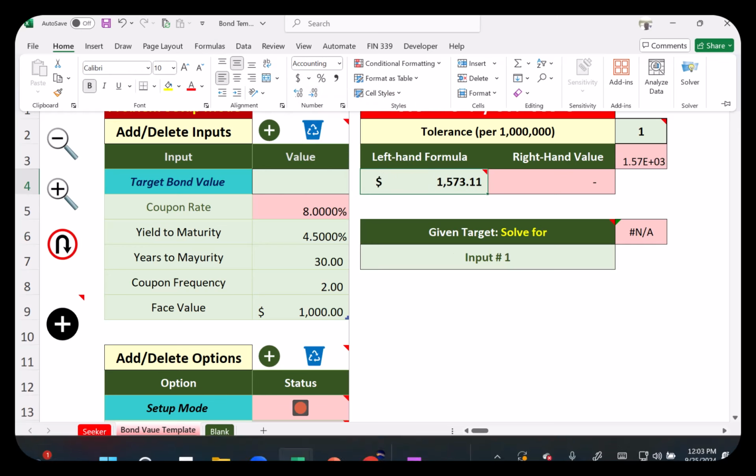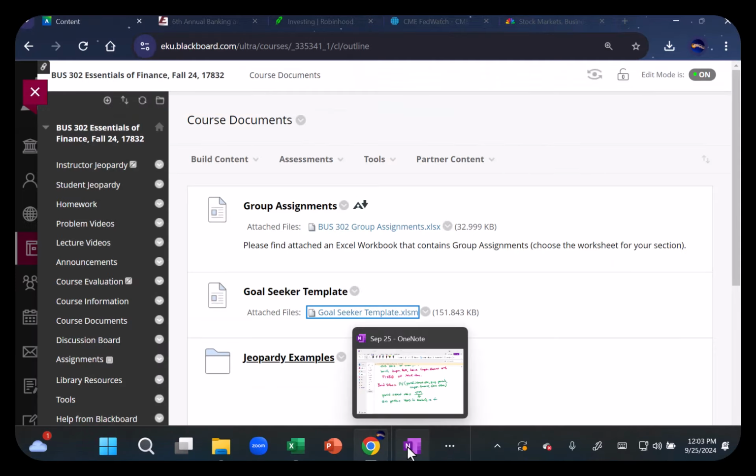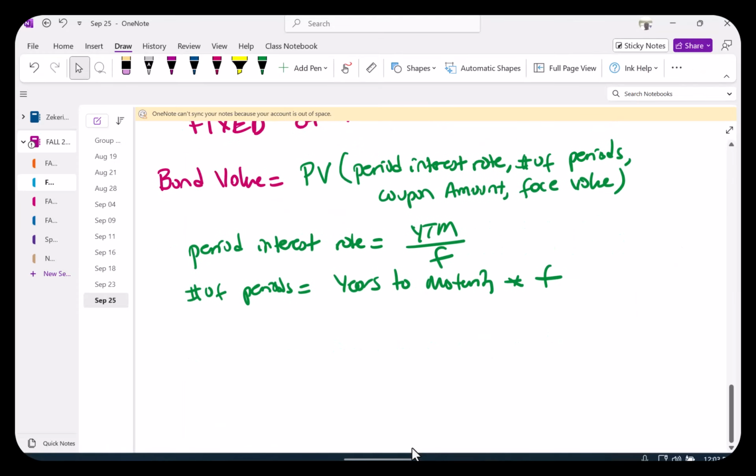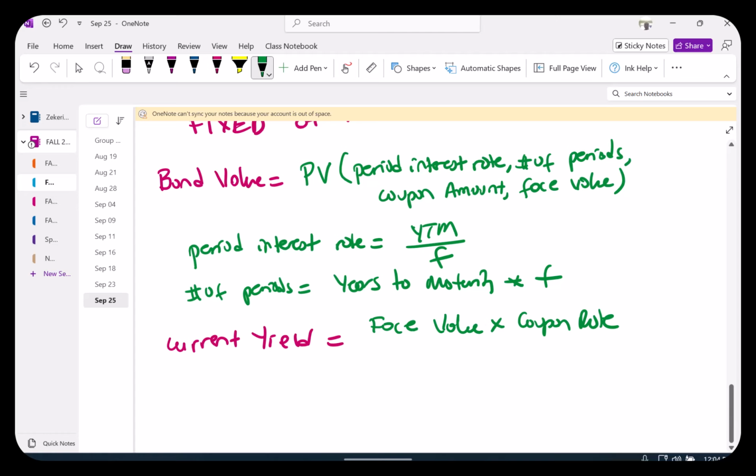There is also another yield concept, which is only for the purposes of market lingo. It's called current yield, and that's defined as face value times coupon rate divided by the bond value.